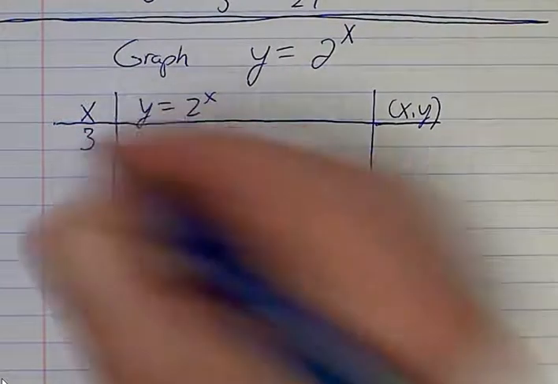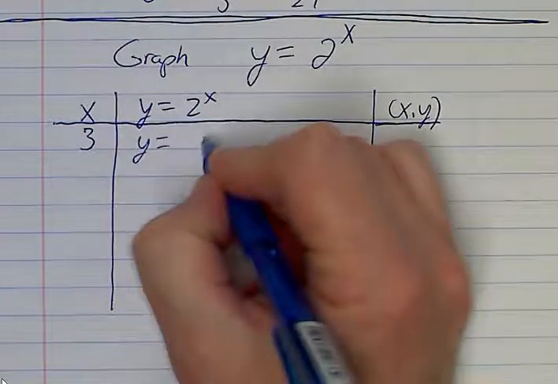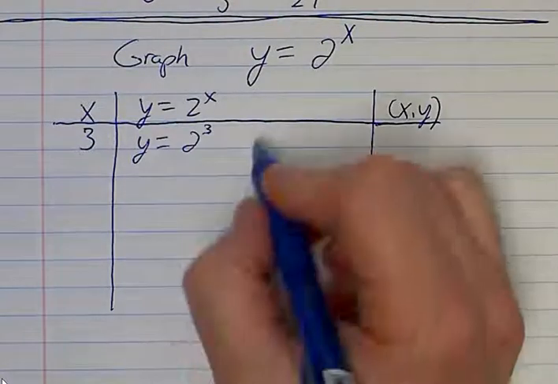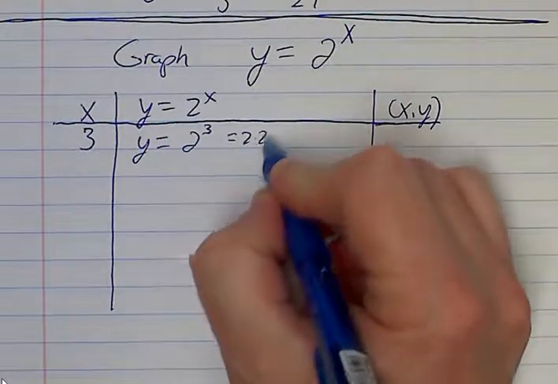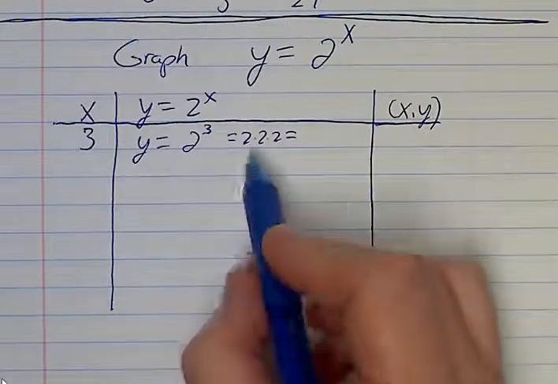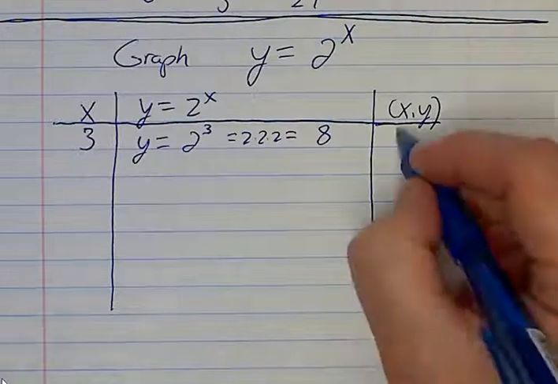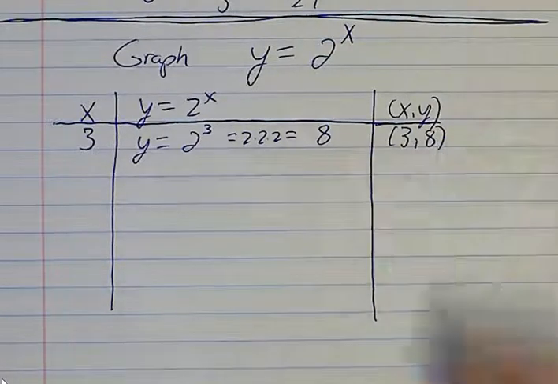Okay, so we're going to start with 3. So we're going to do y equals 2 to the 3rd power. If you do 2 to the 3rd power, that's 2 times 2 times 2, that is 8. So as an ordered pair, that would be (3, 8).